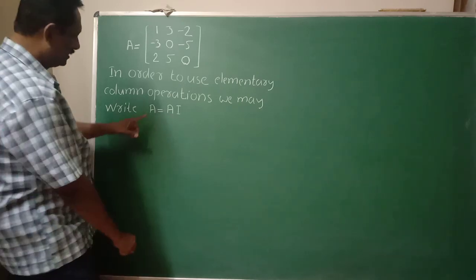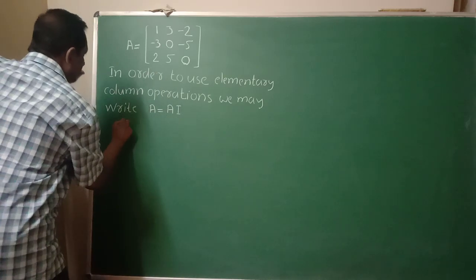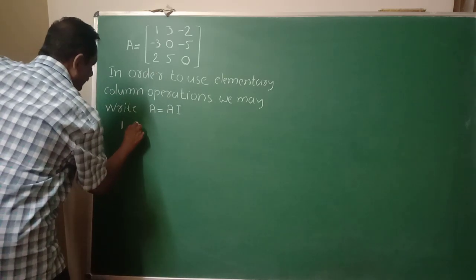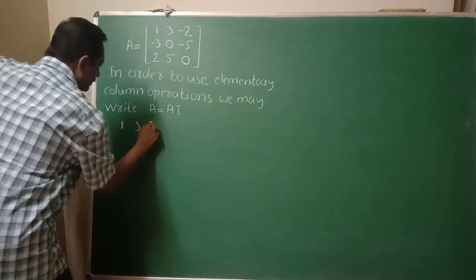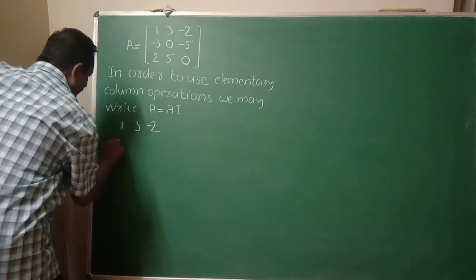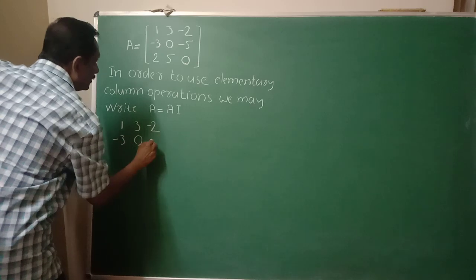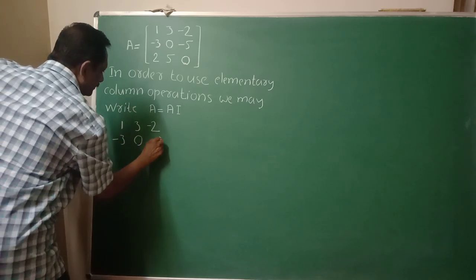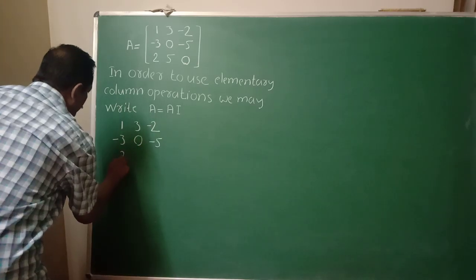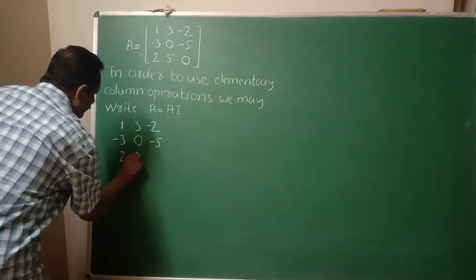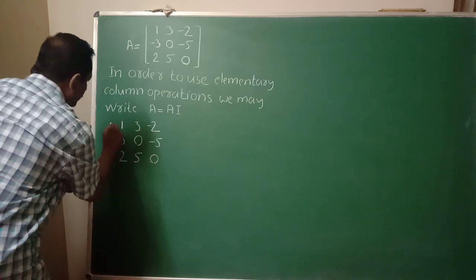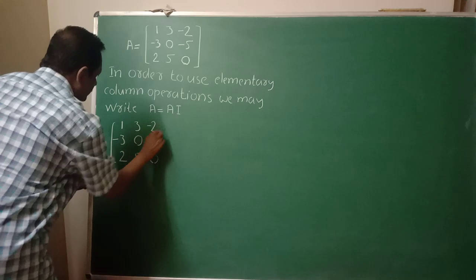Okay, here the given matrix is 1, 3, minus 2, then minus 3, 0, minus 5, then 2, 5 and 0. Okay, this is a matrix.